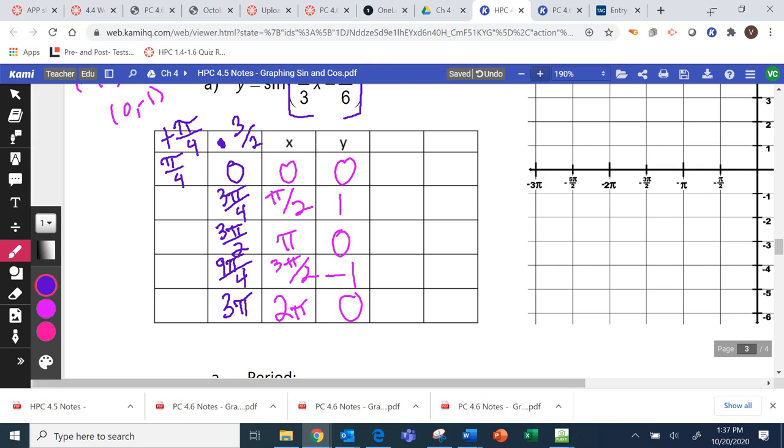So 3 pi over 4 plus pi over 4 is 4 pi over 4, which is pi. And then 3 pi over 2 becomes 7 pi over 4. And then 9 pi over 4 becomes 5 pi over 2. And then it is 13 pi over 4. Is that what you guys got?